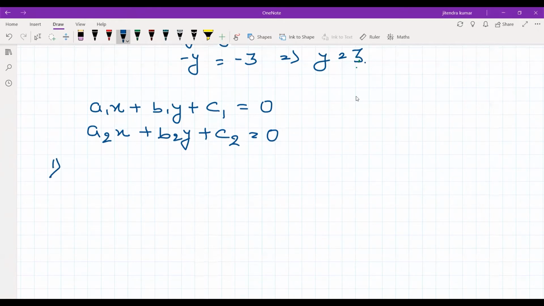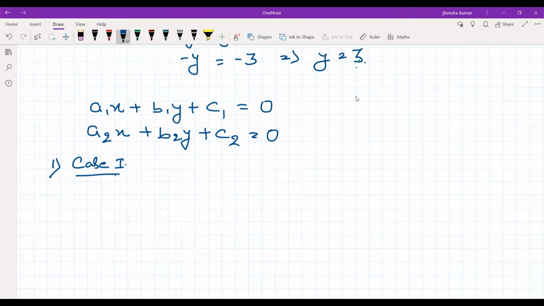So we have three cases here. Let's talk about the first case, where the graphs are intersecting each other.